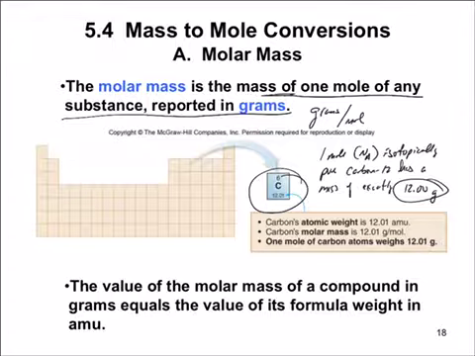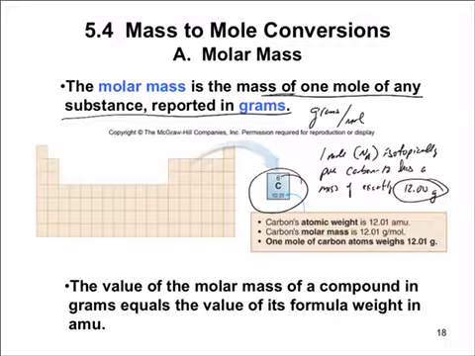Carbon comes in 3 different isotopes: carbon-12, carbon-13, carbon-14. So if I make pure carbon-12, 6 protons, 6 neutrons, 1 mole, Avogadro's number, 6.02 times 10 to the 23rd carbon atoms will weigh exactly 12 grams.